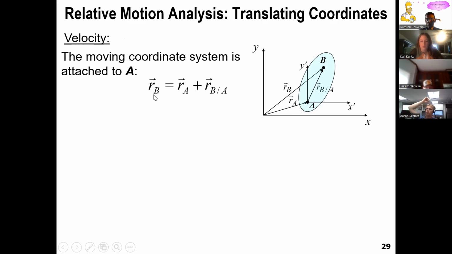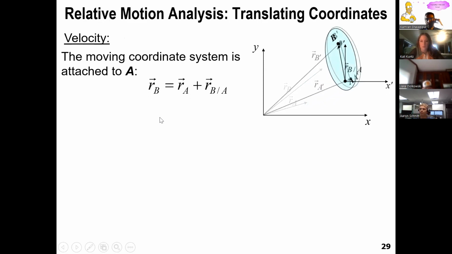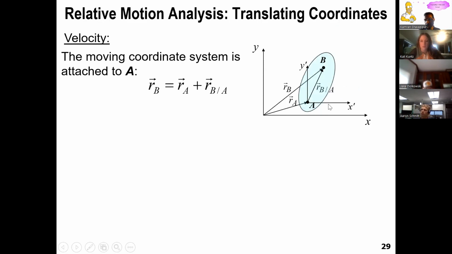RB, which is the absolute position vector for B, RA is the absolute position vector for A, and RB with respect to A, the relative position vector. Look at the animation. The rigid body goes from here to here. To move from this position to that position, it undergoes translation and rotation. I'm going to do it one more time.